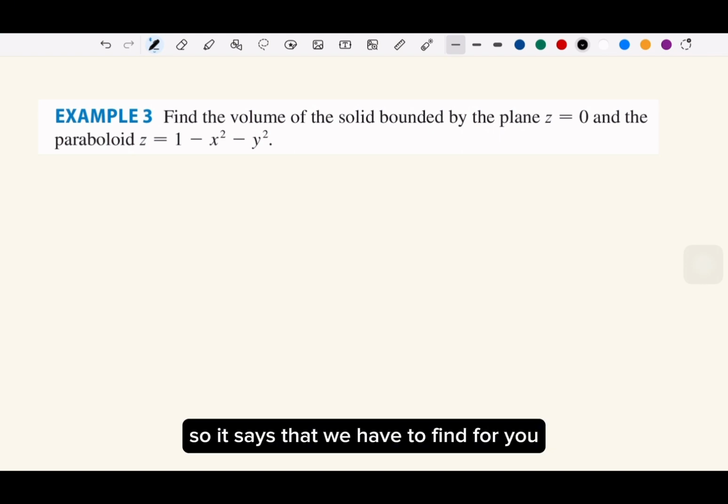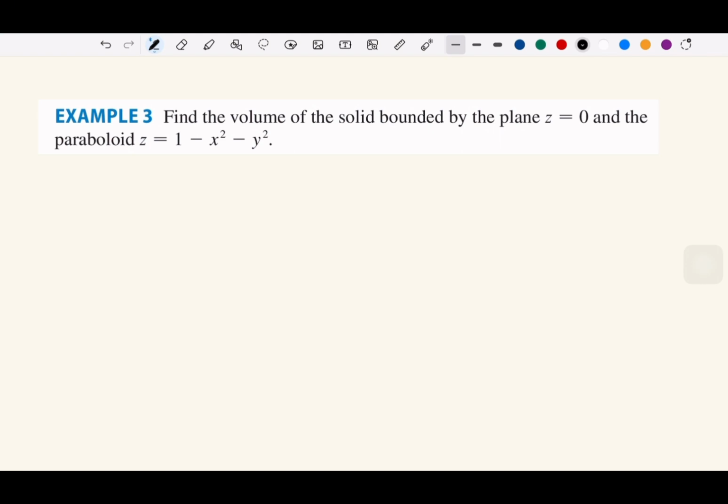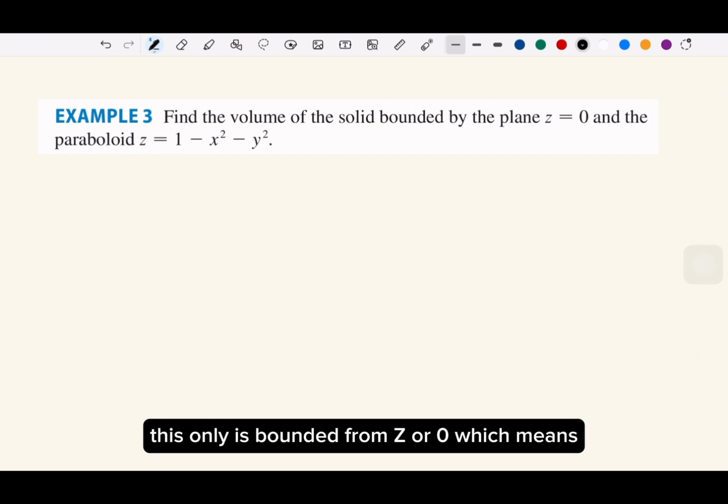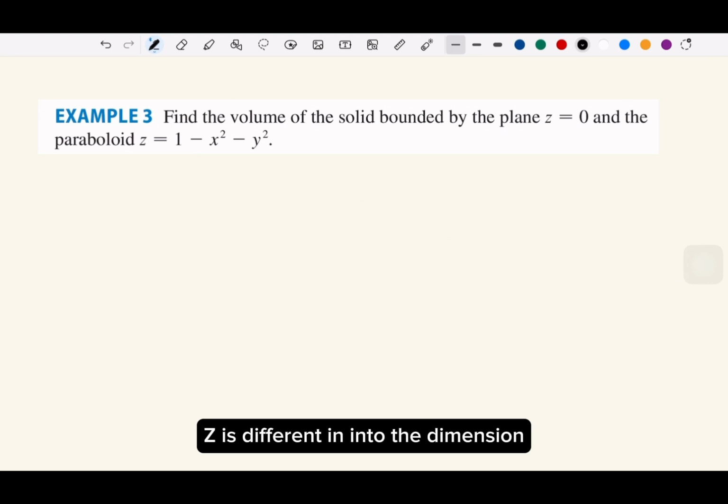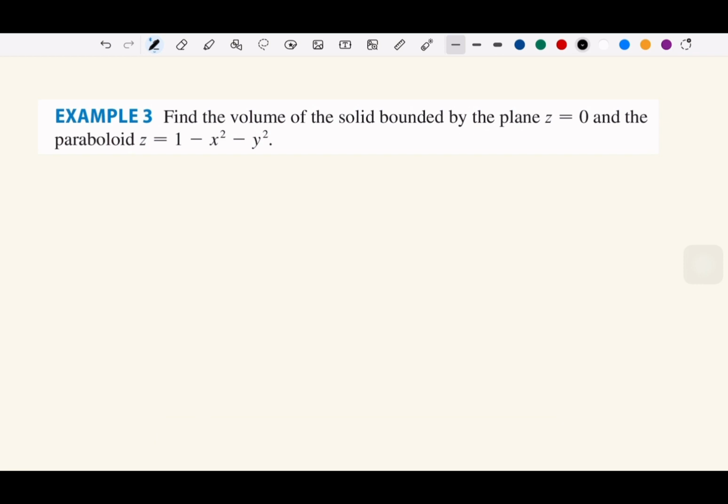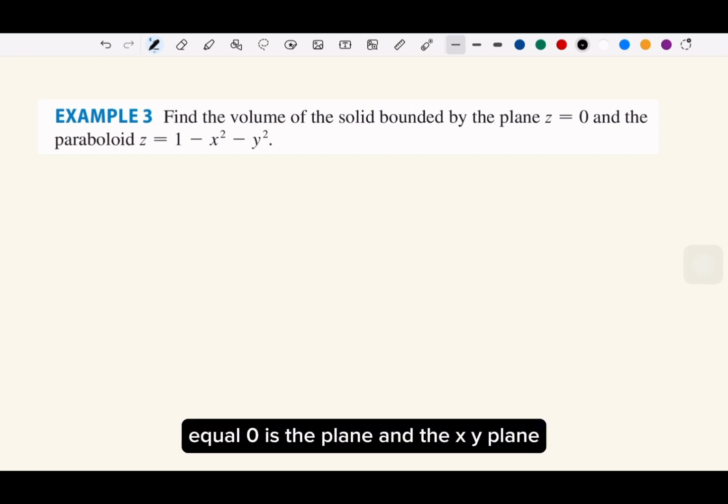It says that we have to find the volume. The solid is bounded by z equals 0, which, in three dimensions where z is on the vertical axis, this is x and this is y, means the xy plane.